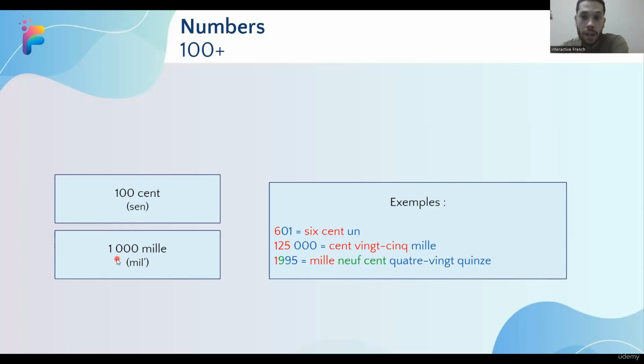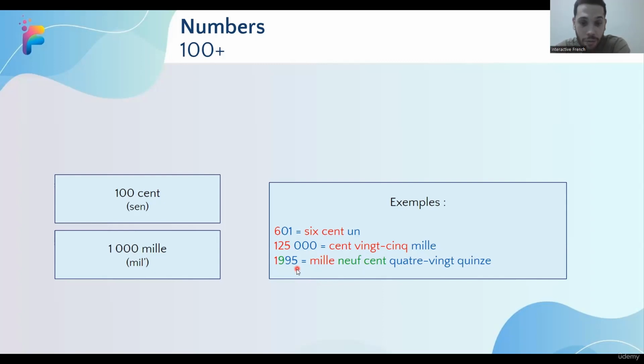Again, I can read from left to right, okay? If I wanted to say a date, a year, I could read it this way. So first I start with mille, and then 900, and then 95.